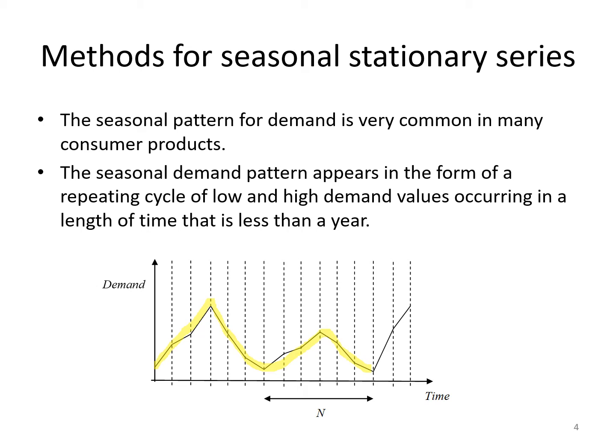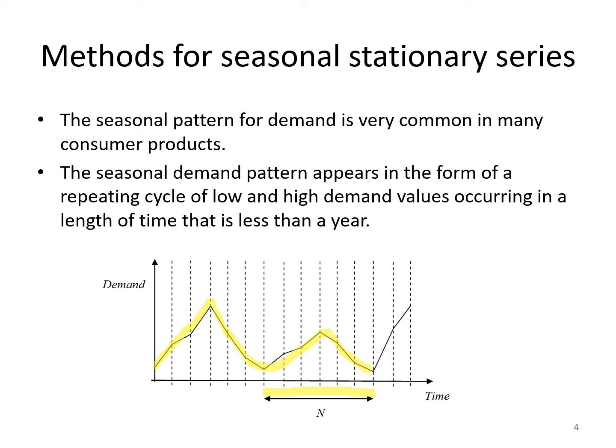So in order to identify our season, as you can see here, the season is actually this length of time, which includes some specific number of periods, and the season could be the whole year, or it could be a quarter, or even less than that.